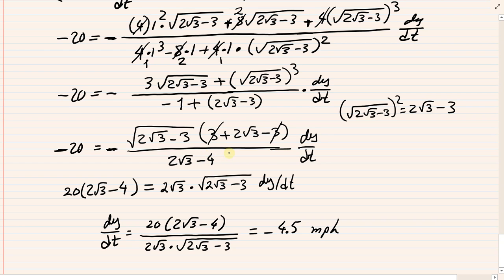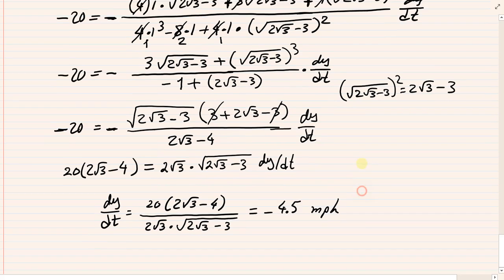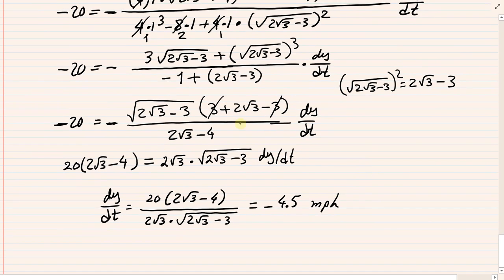And in the numerator, once I factor the square root, you kind of see how that works out. Inside parentheses, I have 3 minus 3. They're opposites. And next step, because we need to solve for dy dt, I crossed out the negatives here and multiplied those together, just like cross multiplying.